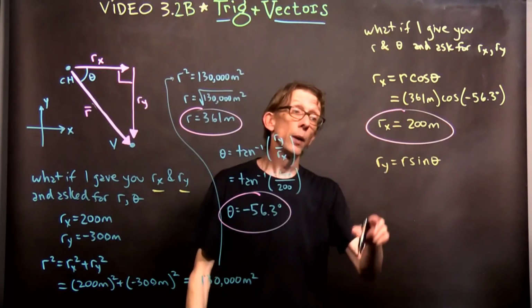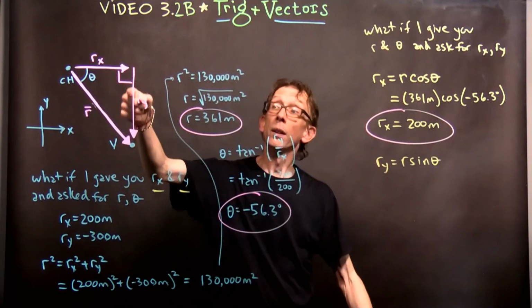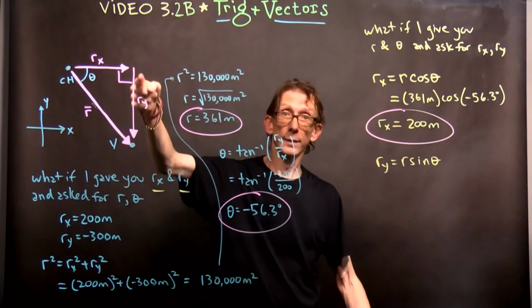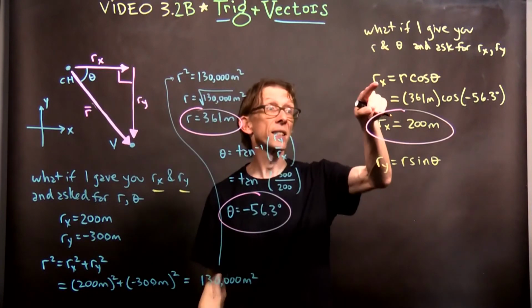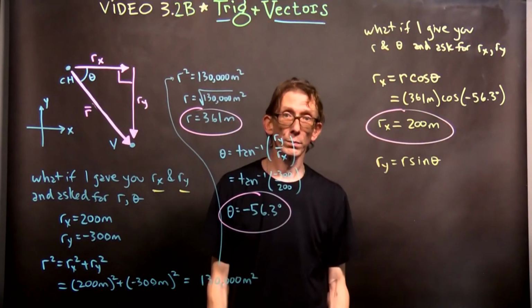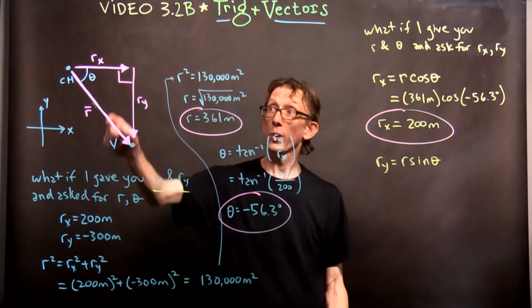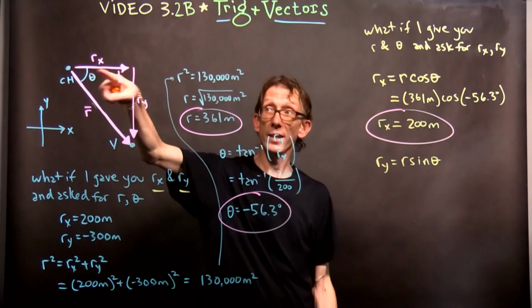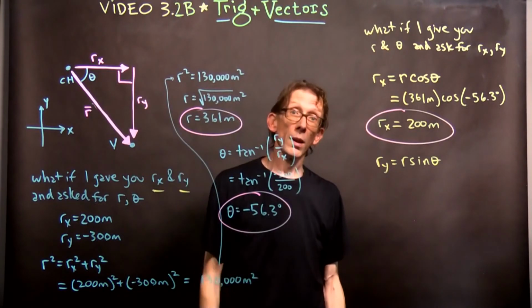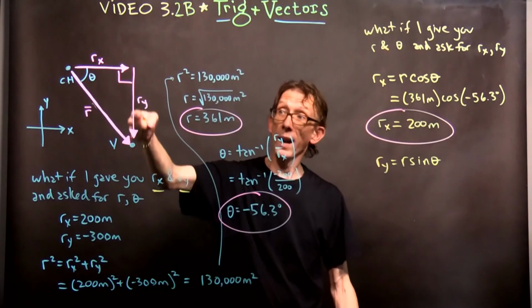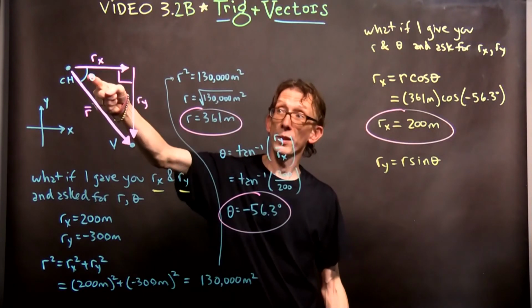Ry applies to sine because sine is the opposite, and the opposite here is Ry. So that's why x and cosine go together here, and y and sine go together here. X goes with cosine because Rx is the adjacent side. And y goes with sine because Ry is the opposite side, opposite to the angle theta.